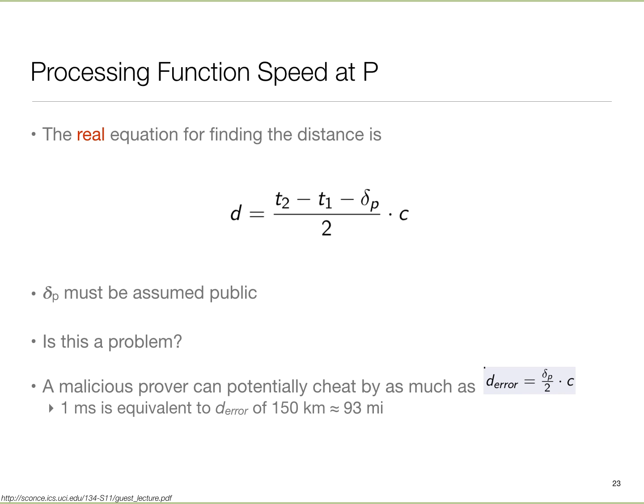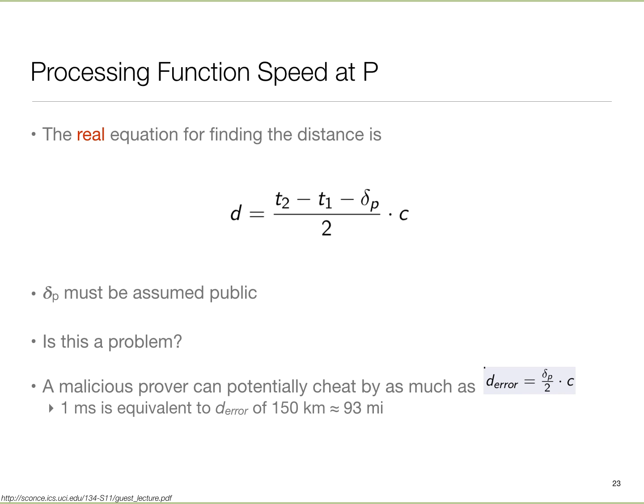So the issue out here is the following. Let's say we come up with a standard, and at some point in time we decided that the turnaround time is going to be this much, and so we design the system around that. But then the prover, once it gets access to a faster technology, will basically be able to lie about it.